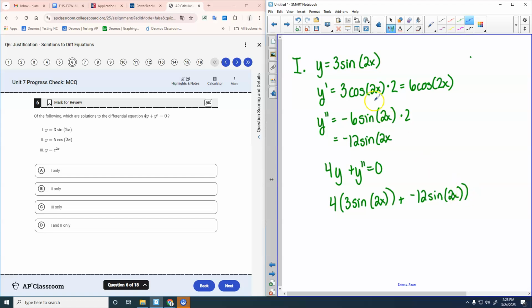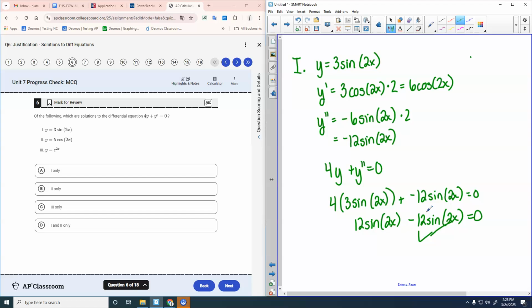And that is supposed to equal 0. And you can see here we're getting 12 sine 2x minus 12 sine 2x. That is, in fact, going to equal 0. So 1 is an answer.